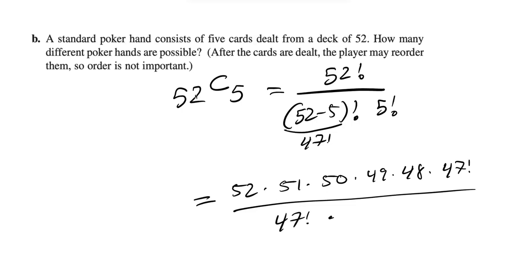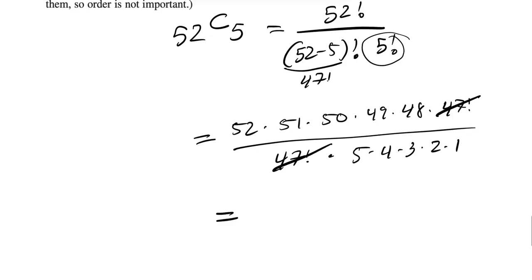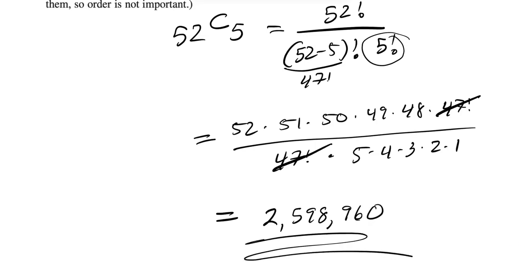Then we have 5 factorial. We'll write it out. It's 5 times 4 times 3 times 2 times 1. This and this cancel. We probably need a calculator for this one, otherwise it'd be way too big. And the answer we get is 2,598,960. So a lot of poker hands there. And that's the lesson.